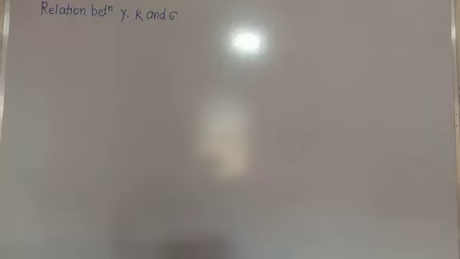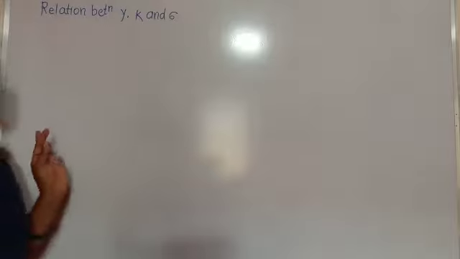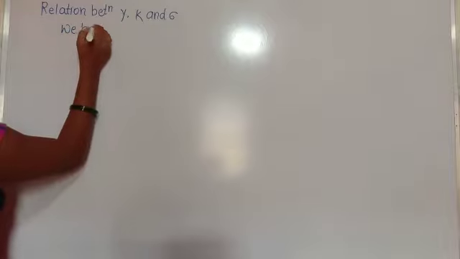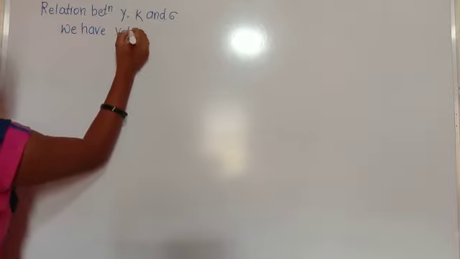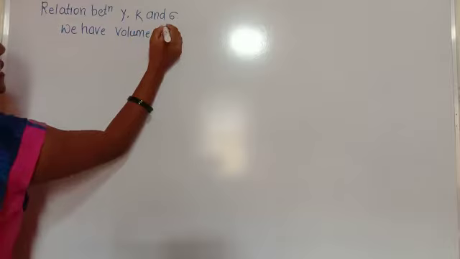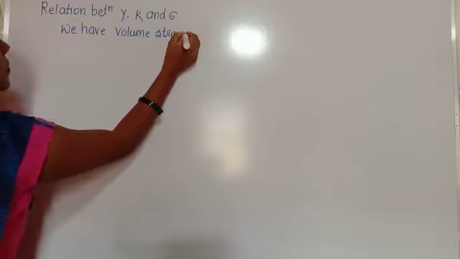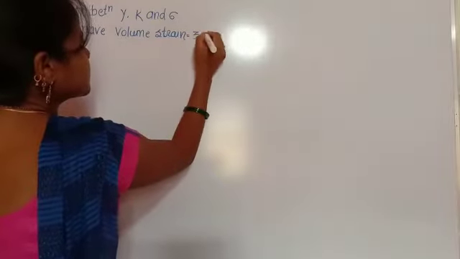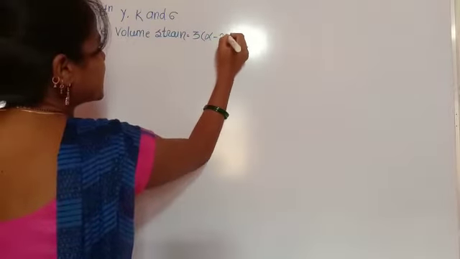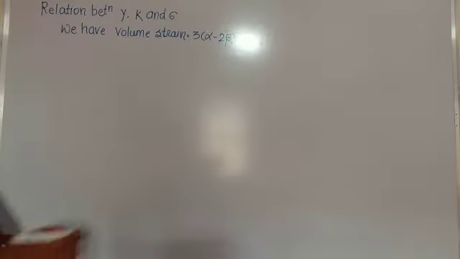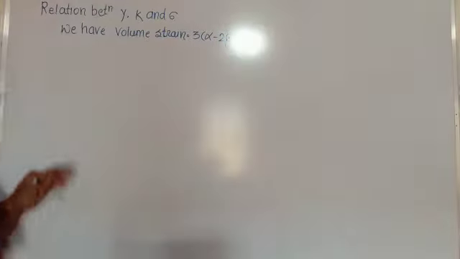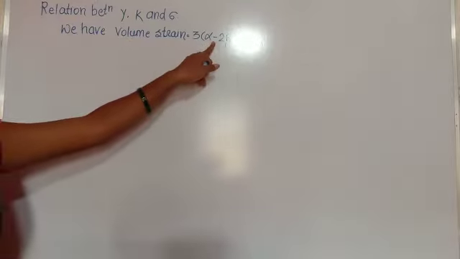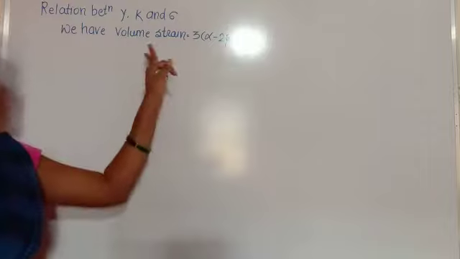In that expression we directly assume that the volumetric strain is 3 alpha minus twice beta into P. So we have to use this relation directly.